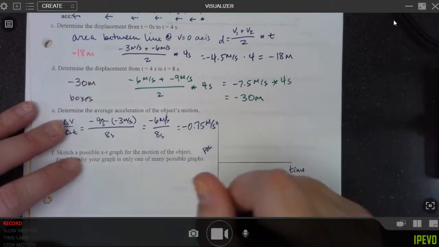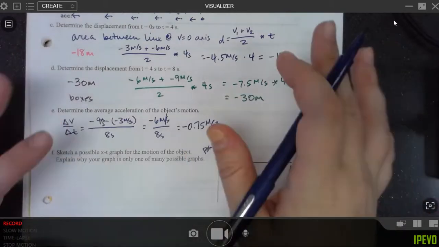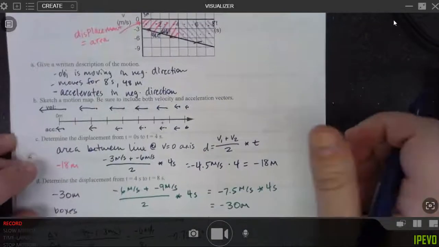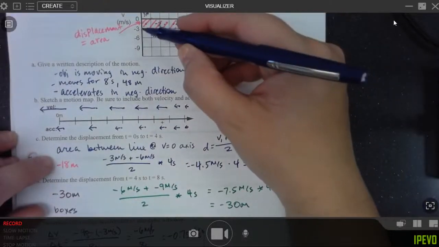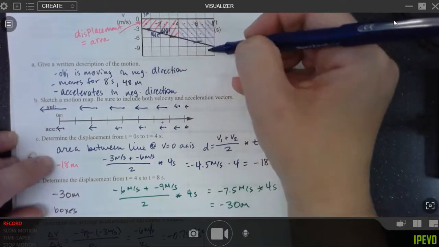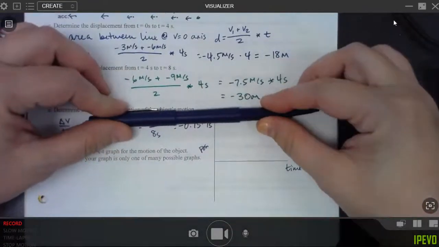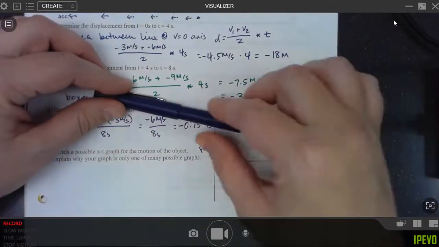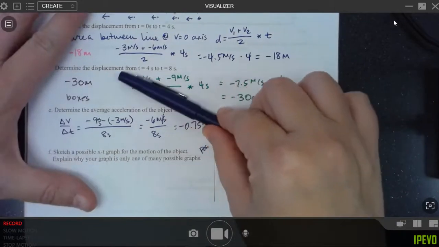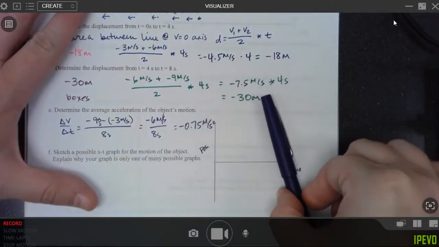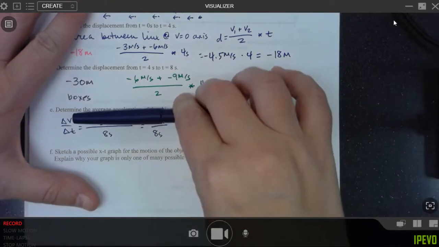You could start down here at the bottom, you could start at the top, any of those would be okay. So we've got an object here that starts with a negative velocity, and then the negative velocity gets bigger. So if we just play with our slopometer, if this is a 0, this is a negative velocity, but our object is going to get faster and faster, so that slope is going to increase.